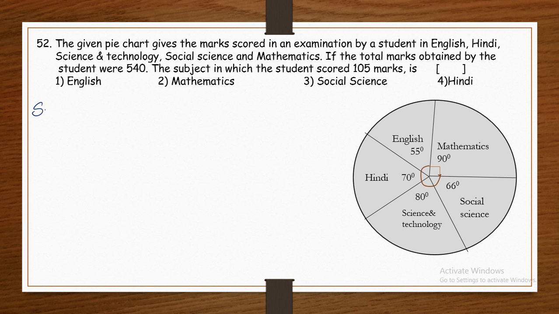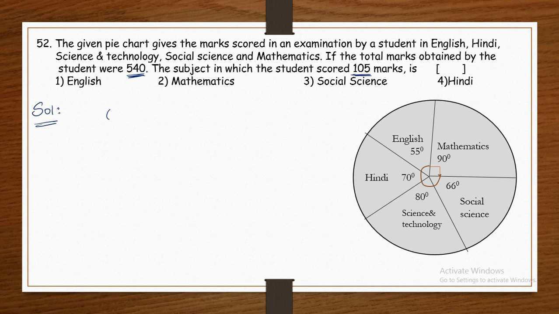Right. So while solving the pie chart, the pie chart is related to the angles. To find that, already he has given the total marks are 540 and the marks obtained are 105.